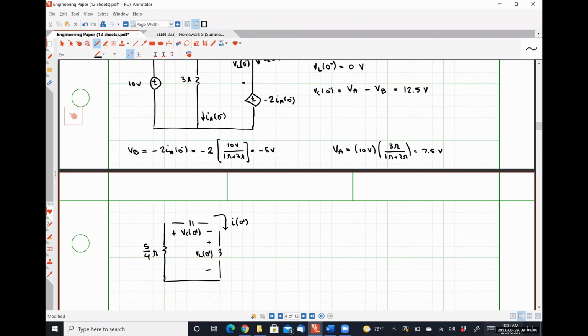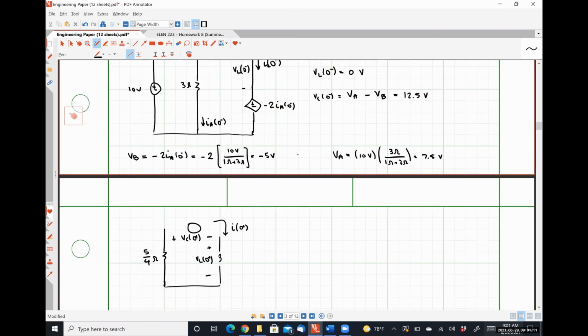Pardon? 12.5 volt source. Positive polarity on the left, negative polarity on the right. So that's our capacitor right there. We know that VC at 0 plus has to be 12.5 volts.